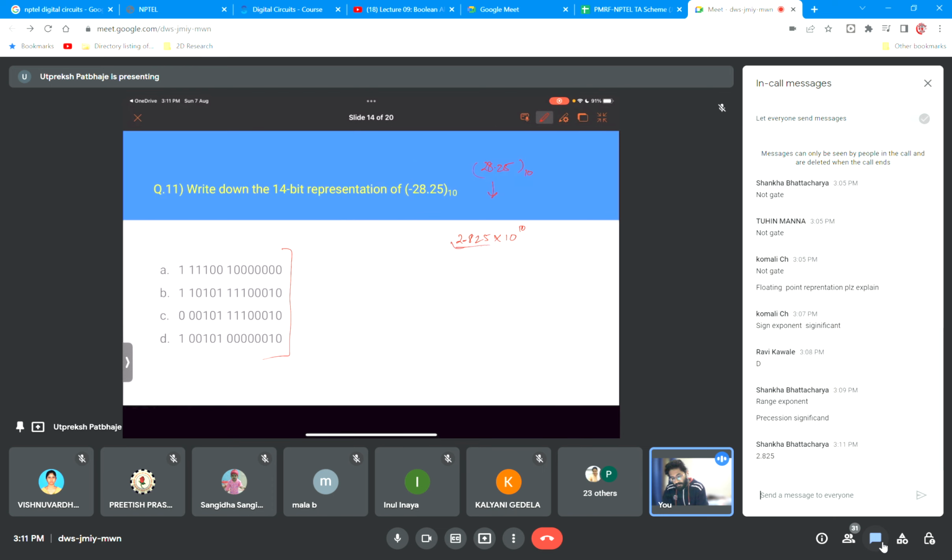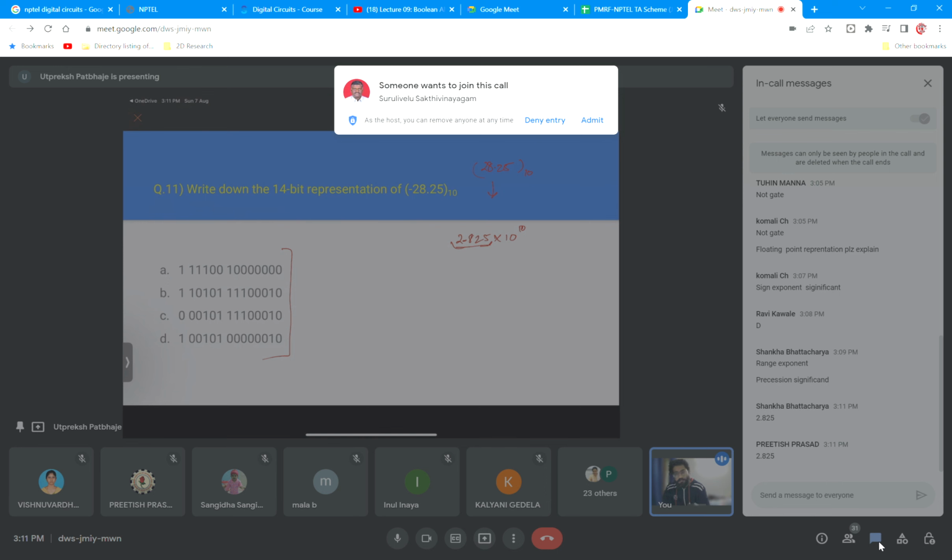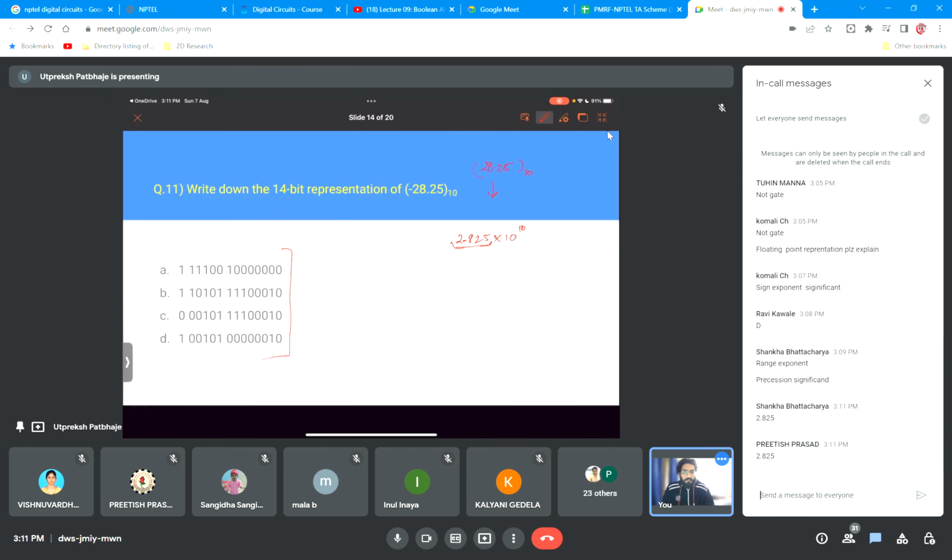So this basically goes to significant, but in our floating point notation, what we do is this significant will be denoted as 0.2825 into 10 to power 2. Of course, this is not the floating point notation. This is still in decimal system. So to convert this to your binary system in which you want to represent your number, we will get to this problem.